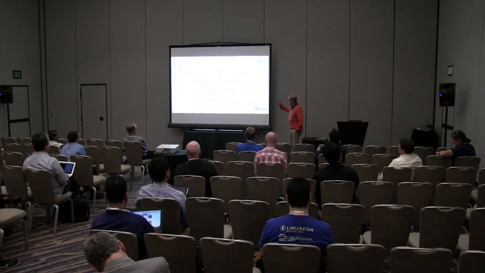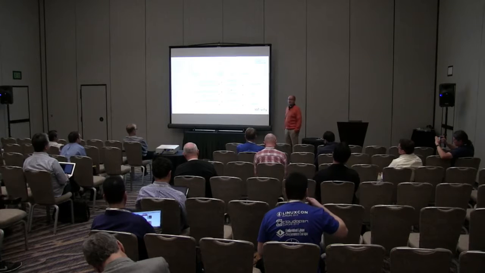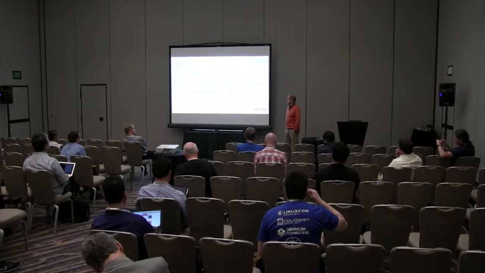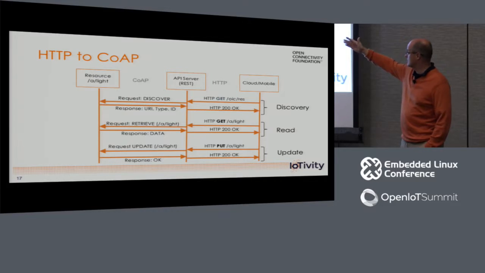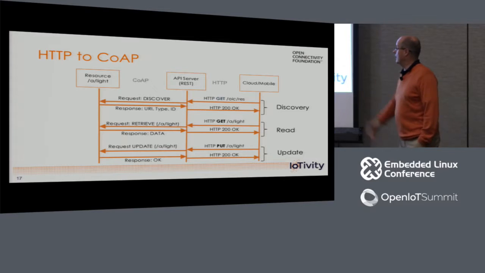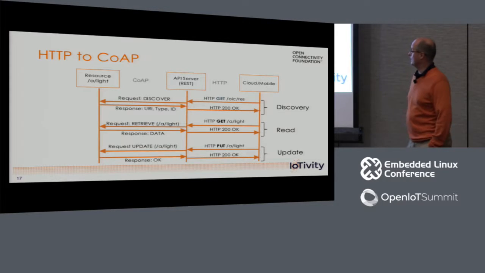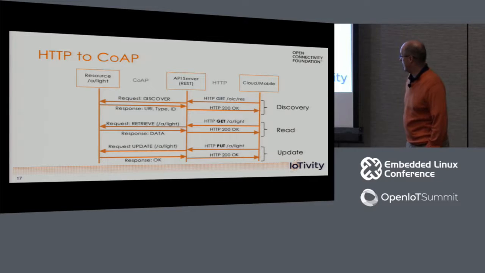So here's the example. This was pretty easy to do because the OCF is based on the REST models, so once you get the HTTP GET, you map that to the CoAP discovery, OIC/res, that's the discovery, and then if you have anything else, you get retrieve, and put equals update.